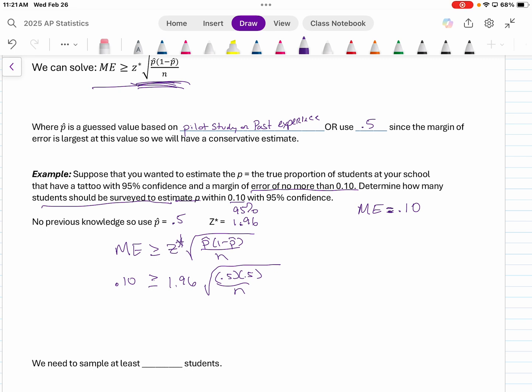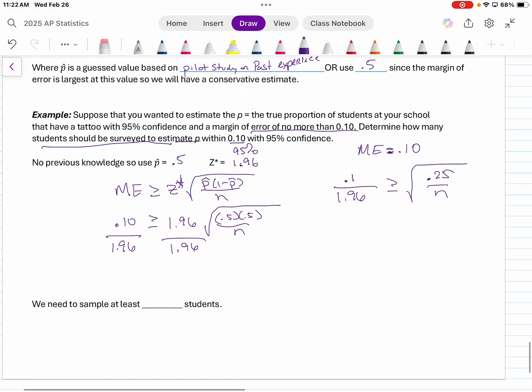Now I need to do inverse operations in mathematics to solve for N. The first thing I would do is divide both sides by 1.96. So 0.1 divided by 1.96. I'm going to leave it like that. I'm going to do all my stuff at the end. That's equal to the square root of 0.5 times 0.5, which is 0.25.